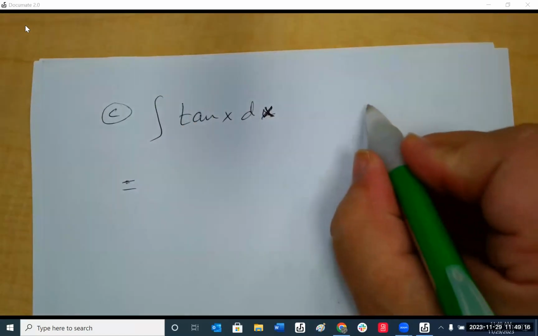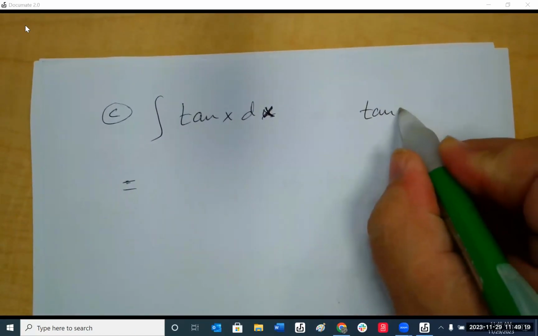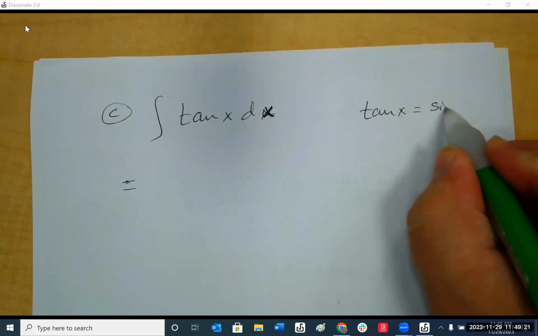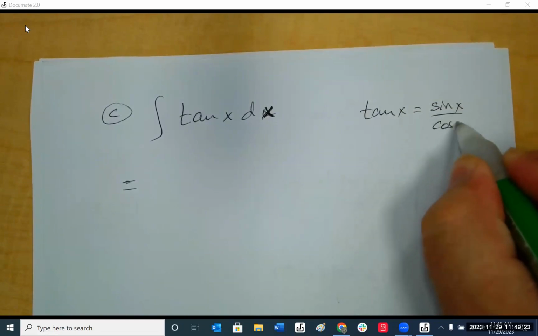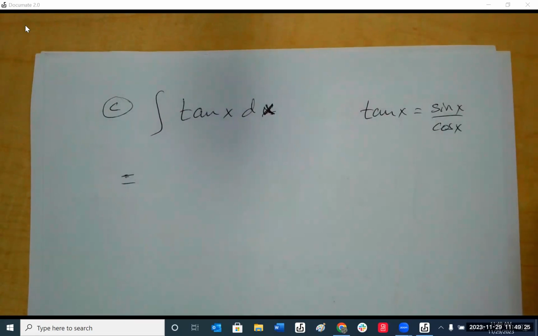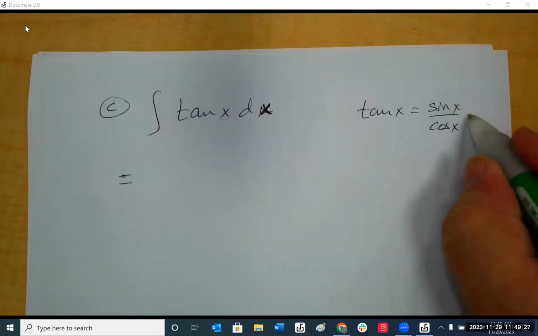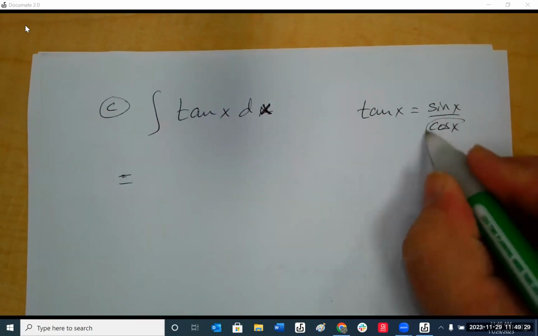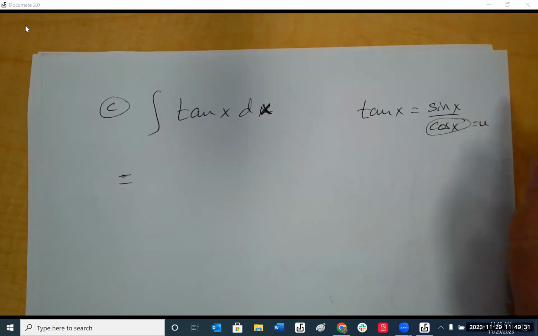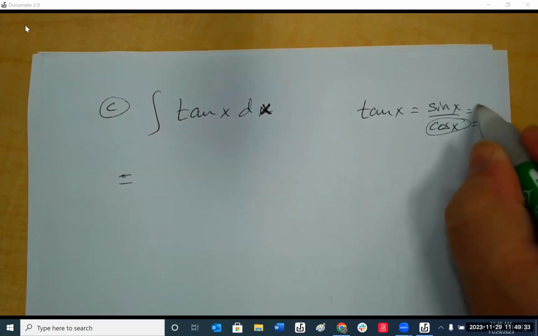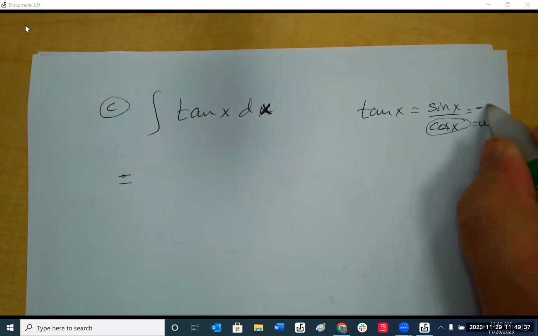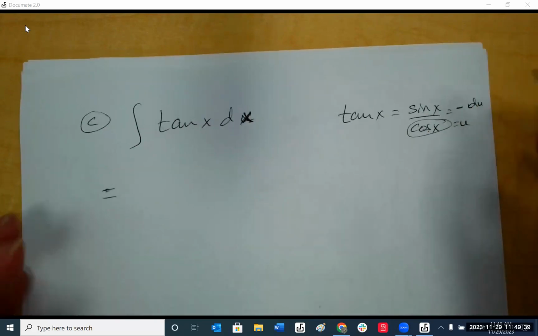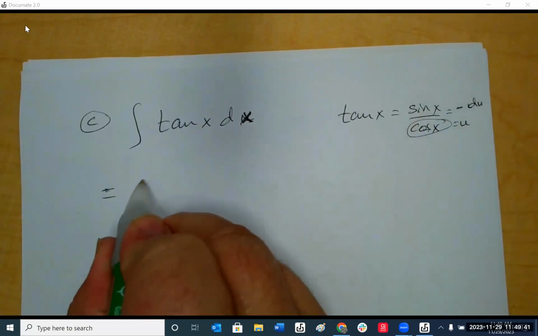Well, we could look at the derivative. No, the derivative isn't it. Tangent is itself sine over cosine. So if we make this into u, the derivative of cosine is negative sine. So I just need to have a negative there.